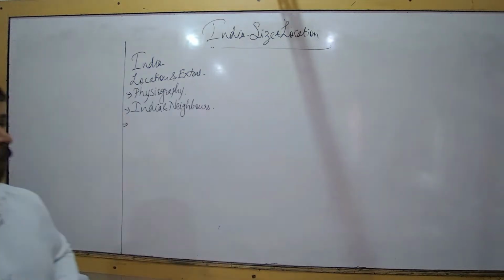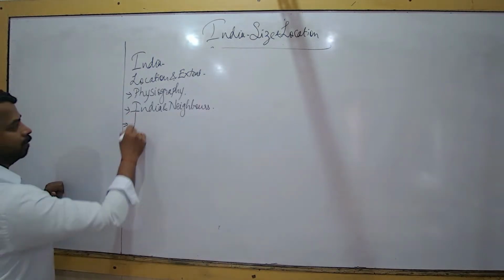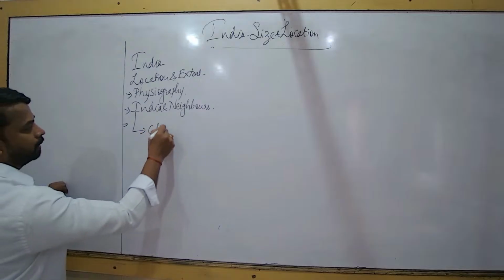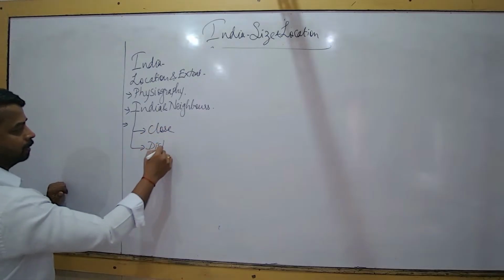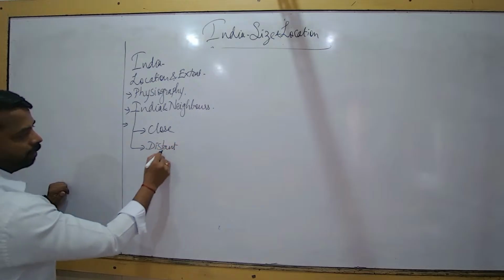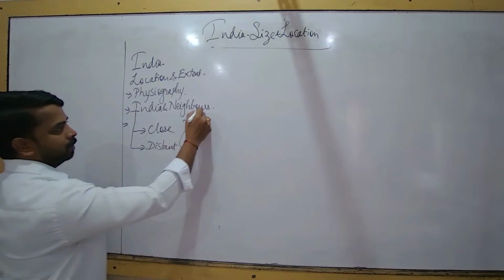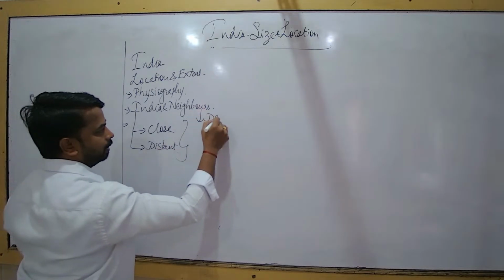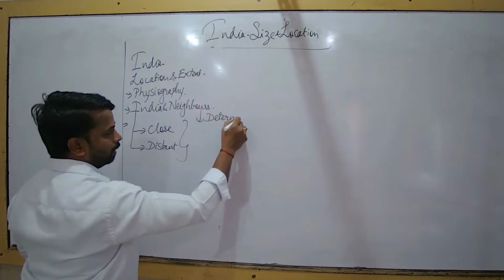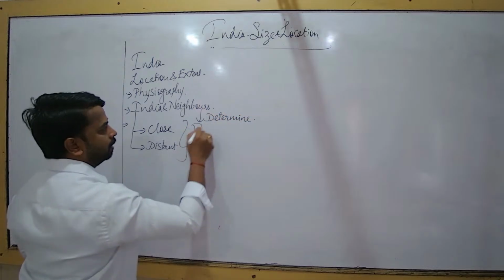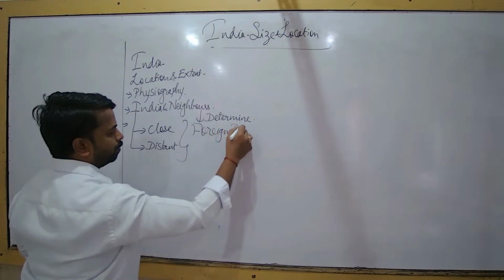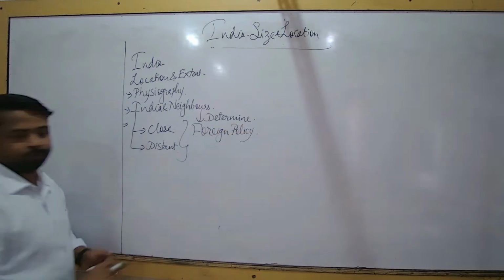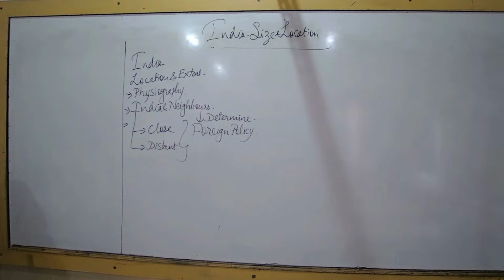Okay. Now, when we talk about this word India and its neighbors, we always say close neighbors. Okay. Then distant neighbors. In fact, if I want to say this, neighbors today determine the foreign policy of the government. How do I explain the word foreign policy? What is foreign policy, by the way? I should check with you.